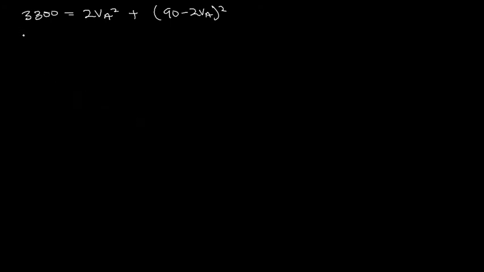So we have 3300 is equal to 2va squared plus, now 90 squared will give us 8100.